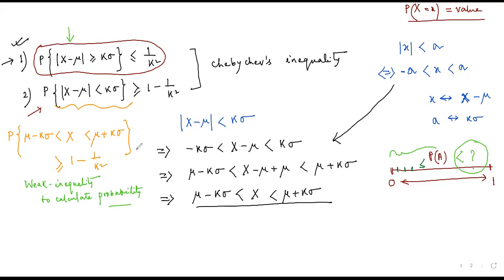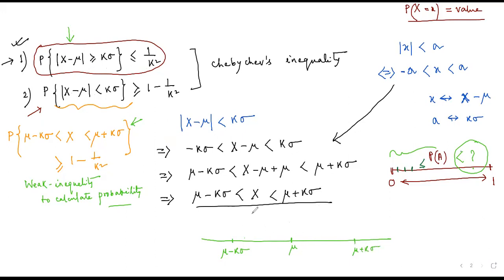This expression gives you the probability that the random variable fluctuates between, diagrammatically, suppose this is my mu, this is my quantity mu minus k sigma, and this is my quantity mu plus k sigma.